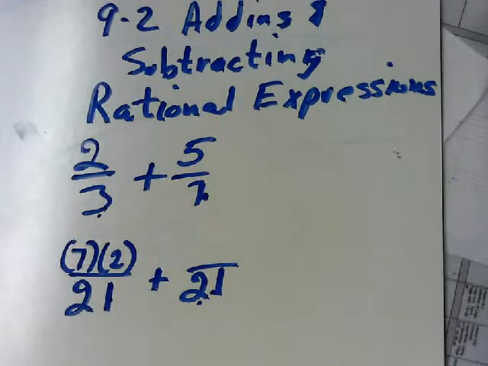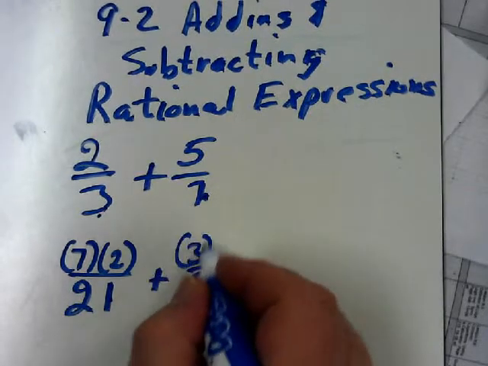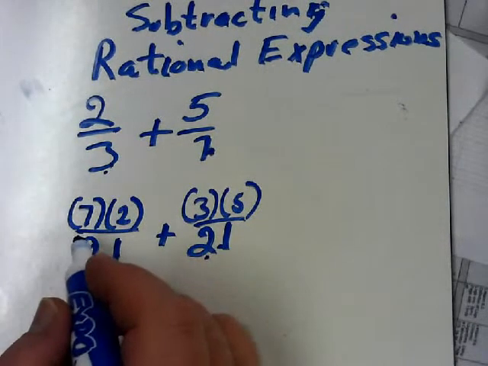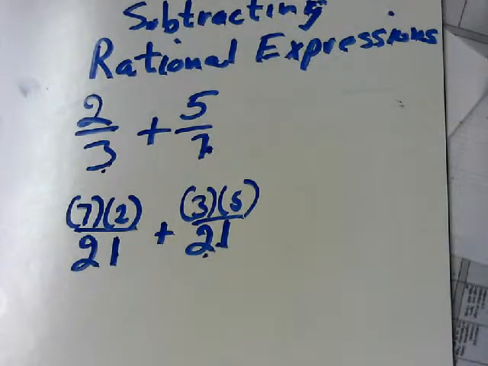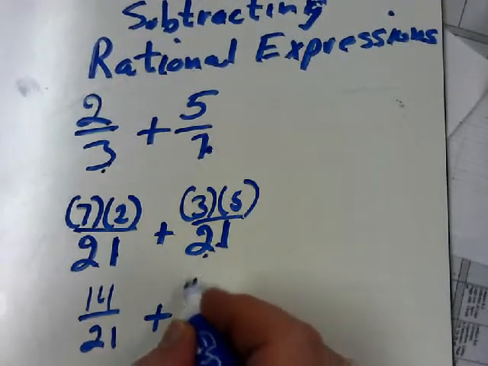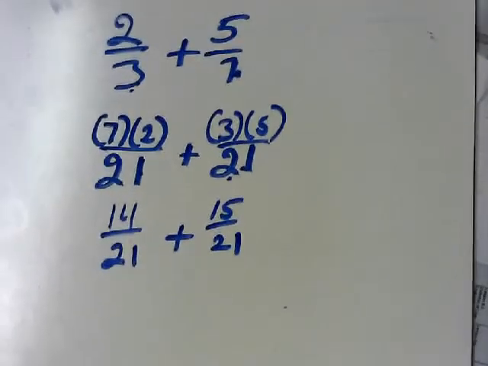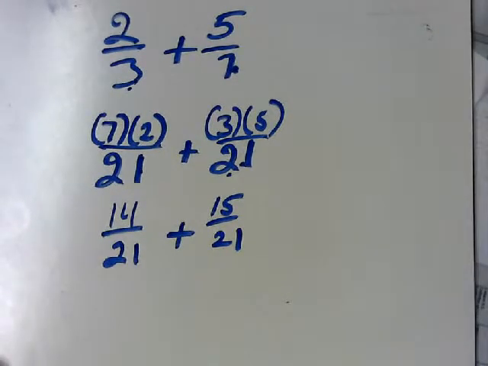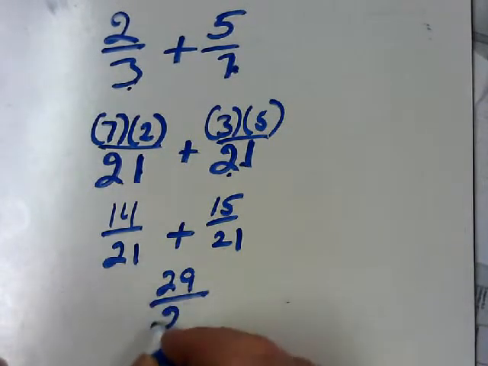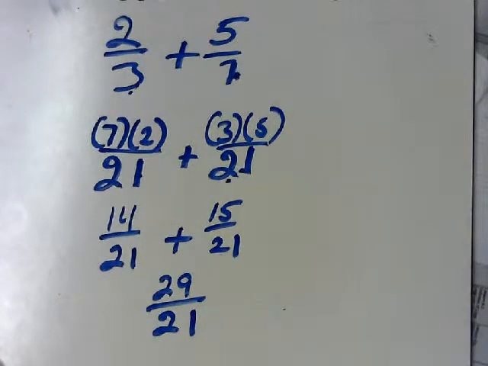So I have to take 3 times the original. 7 times 2 gave me 14 over 21 plus 15 over 21, which gives me 29 over 21. I could add these because they're similar, aren't they? So you remember how to do that.